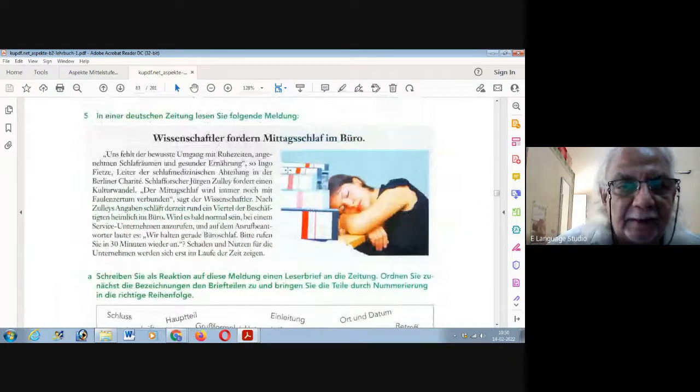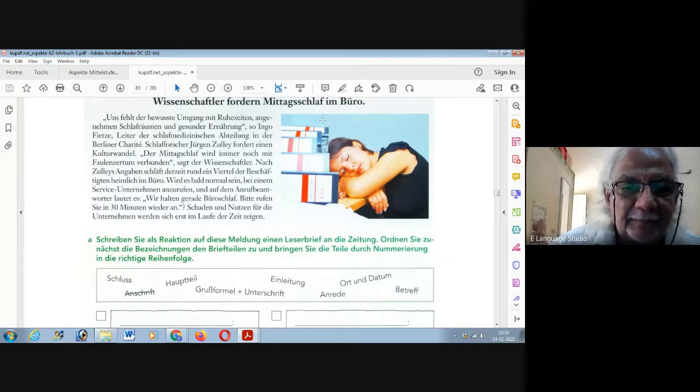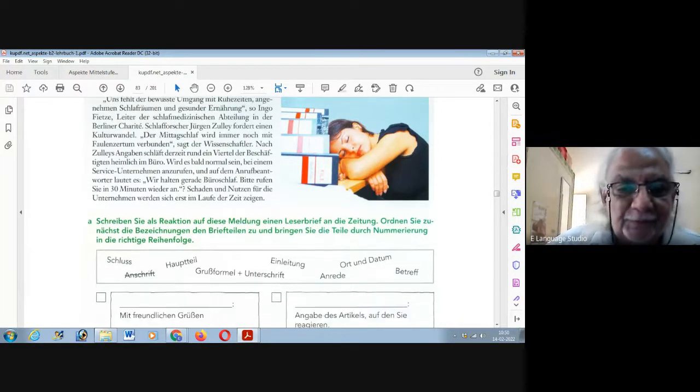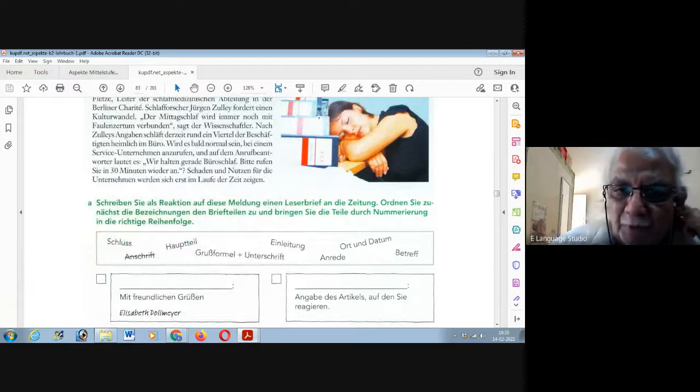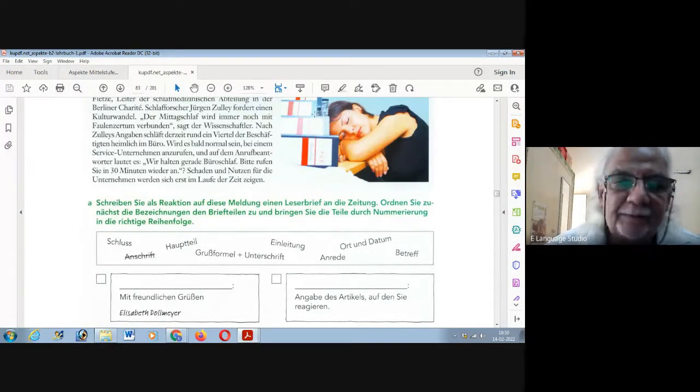In einer deutschen Zeitung lesen Sie die folgende Meldung. So, what do you have to say about this? Should there be sleep in the afternoons? Should it be made mandatory for all multinational companies?